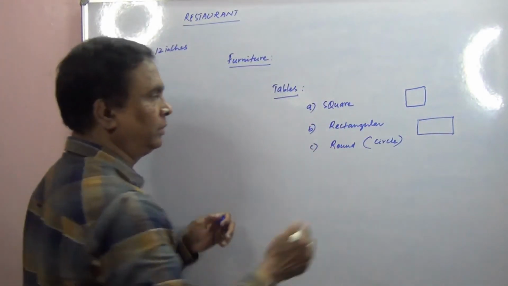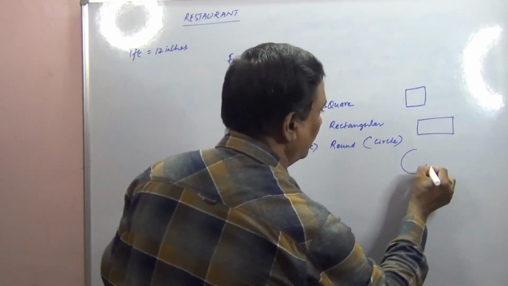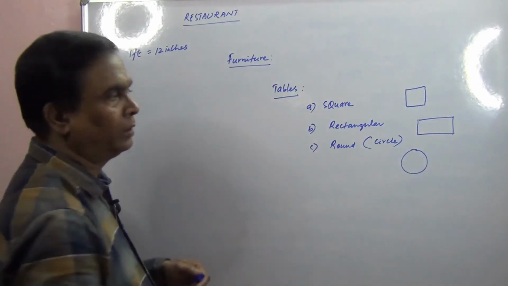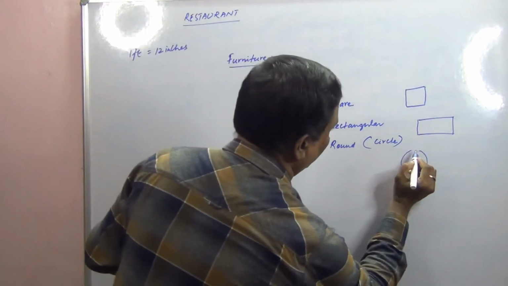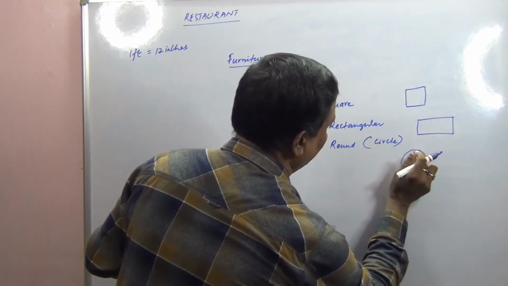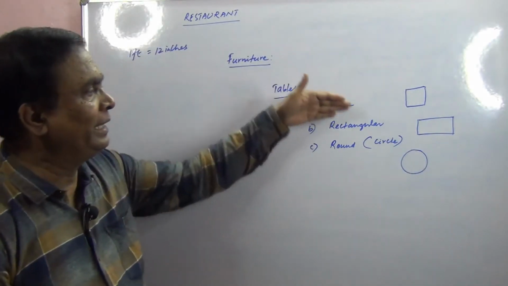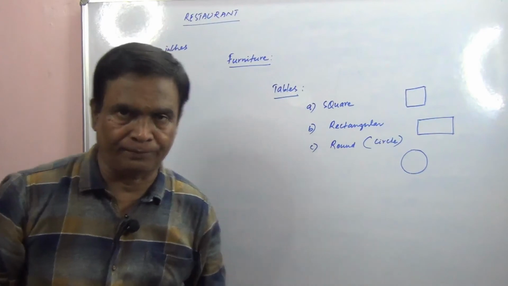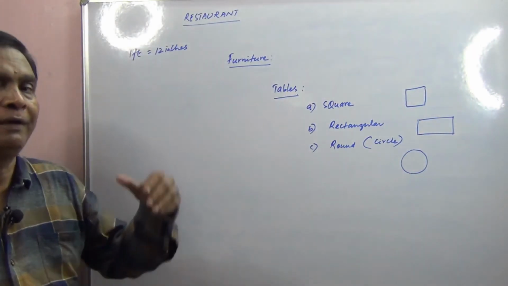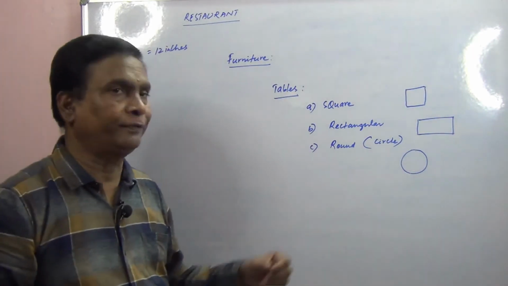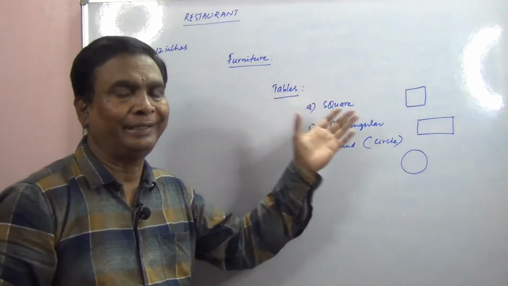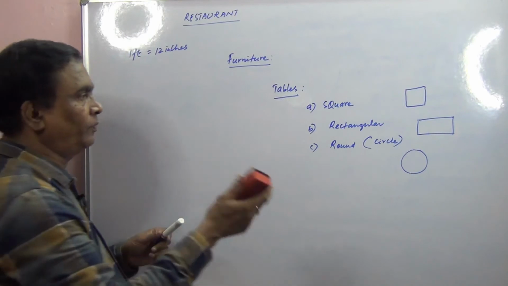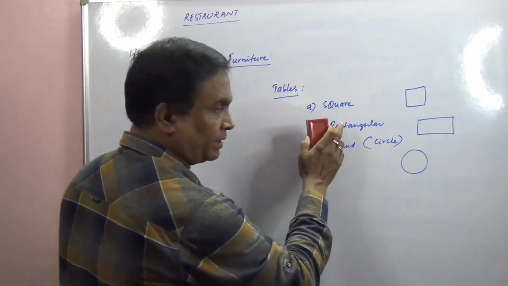Round, like this. So these are three different types of tables that are used in a restaurant. Now we will find out the sizes of each and every table. So we will learn square first.